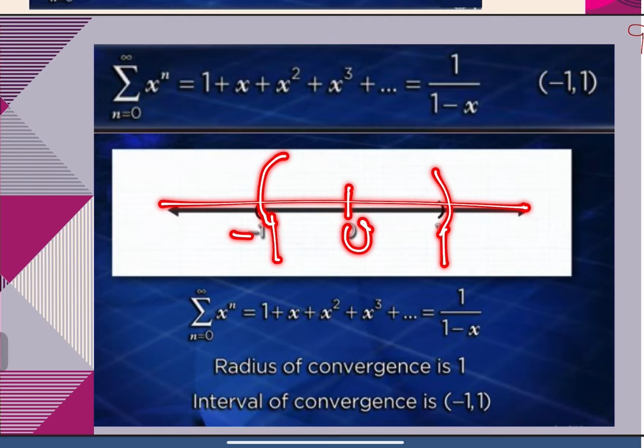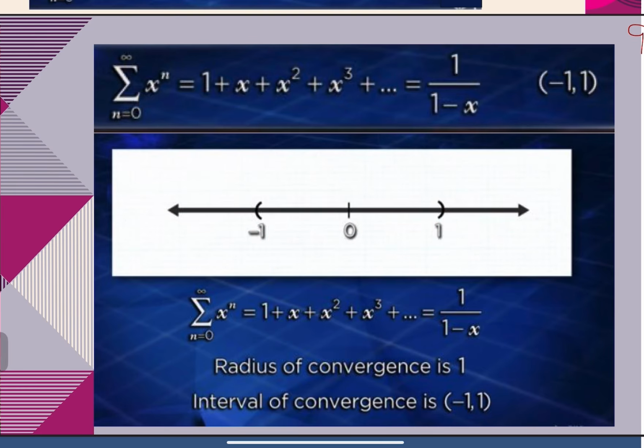And so we say that the radius is half the length of this interval, the length from 0 to 1 or from 0 to -1. So we say that the radius of convergence is 1, and the interval of convergence is from -1 to 1, an open interval. This is a nice way of expressing the concepts that we have just discussed.